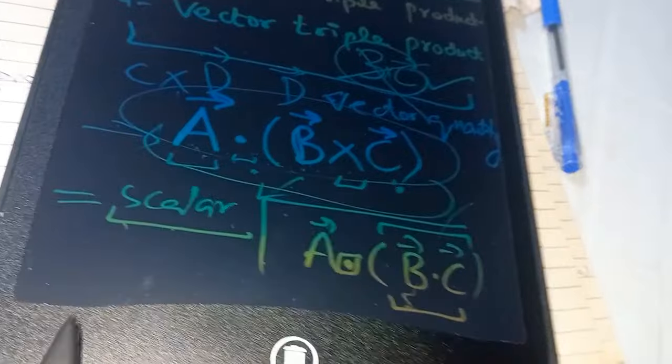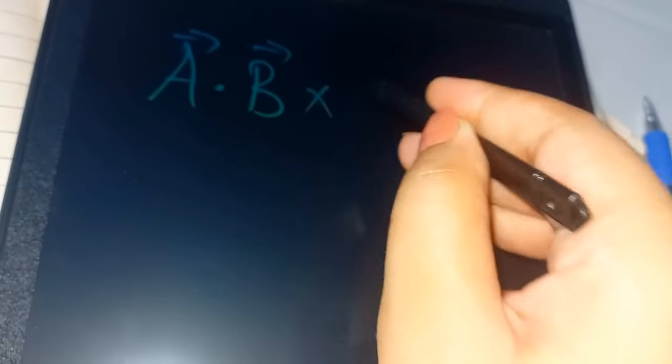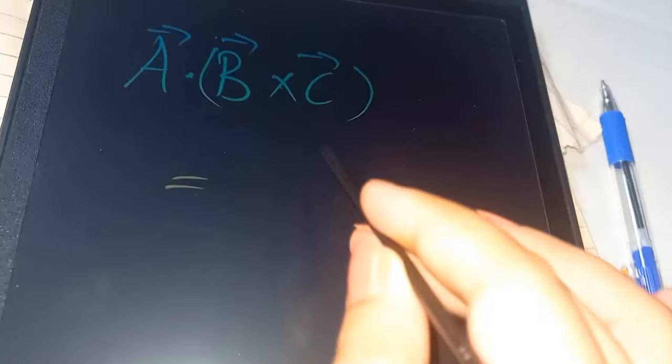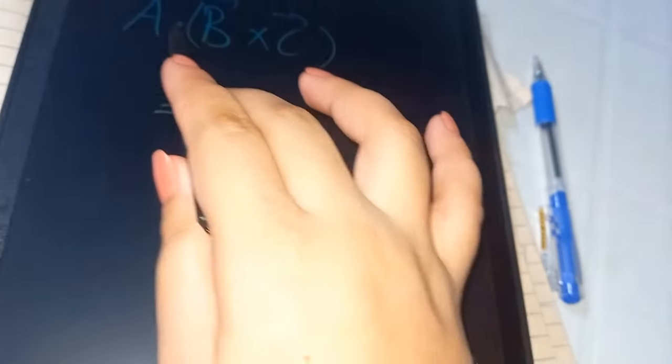So that is how the triple product works, triple scalar product works. It's like a dot b cross c. Okay, you can change the order of writing them in cyclic order. For example, it's a, b and c. You can interchange their positions, but how? It's like you write a first, then b, as you can see, first a, then b, then c.